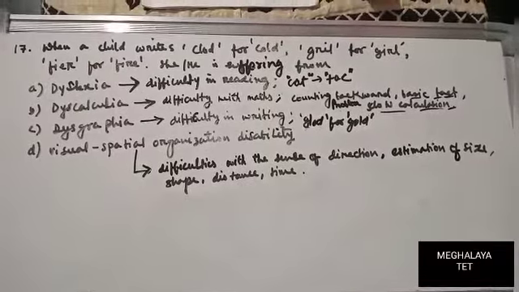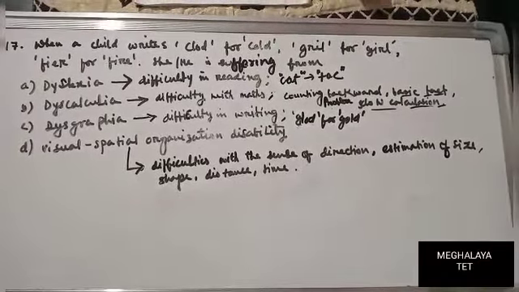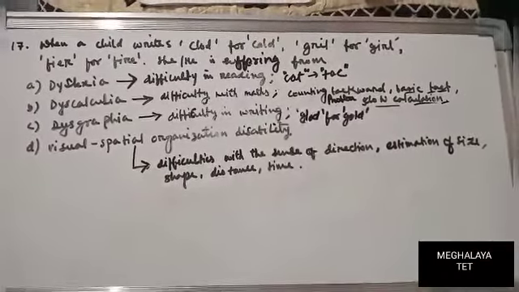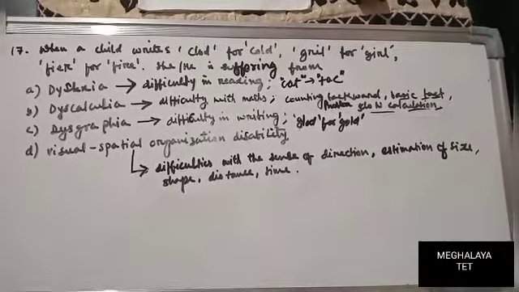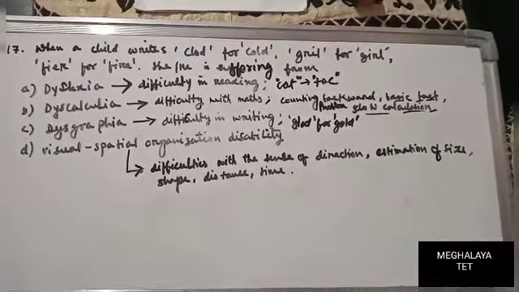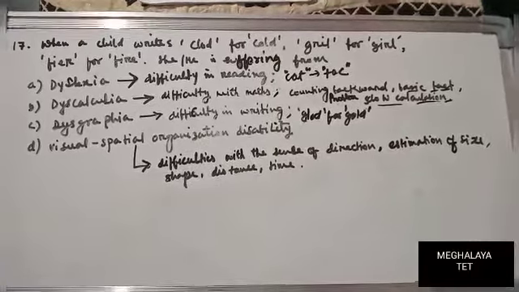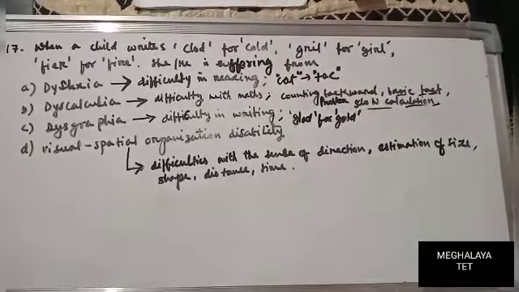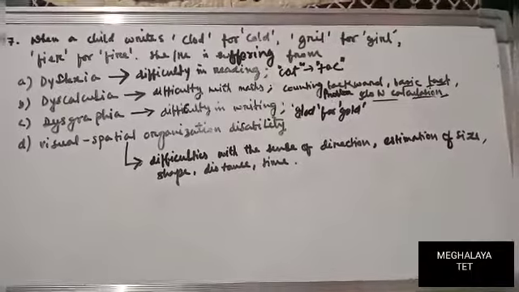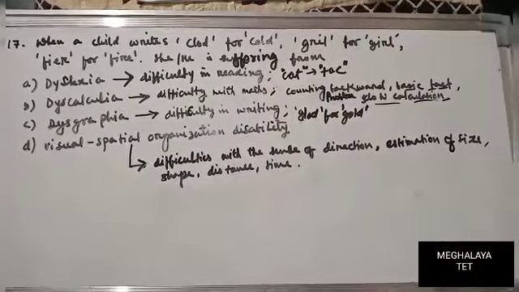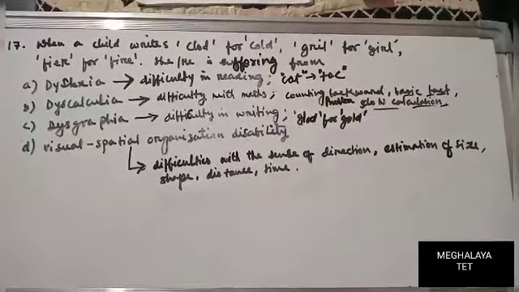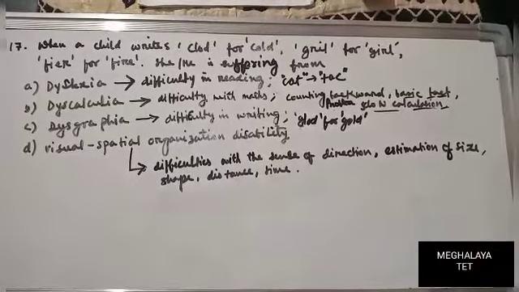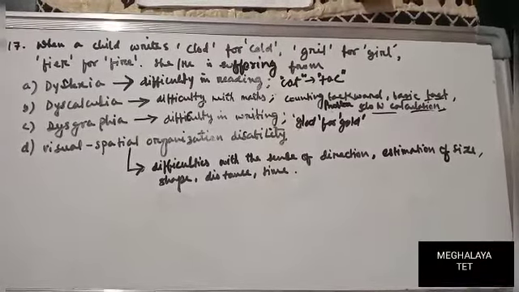So if you just consider dyslexia, what happens in dyslexia is that the persons have disorders in reading, they have some difficulty in reading. So if they read cat, they may read it as tech.